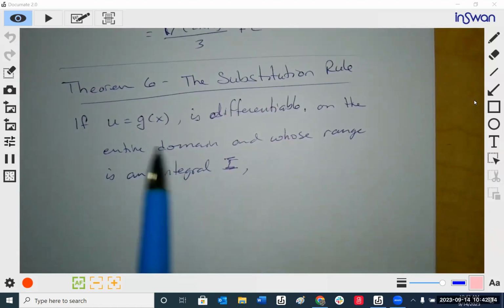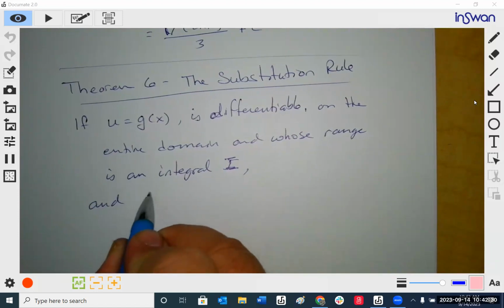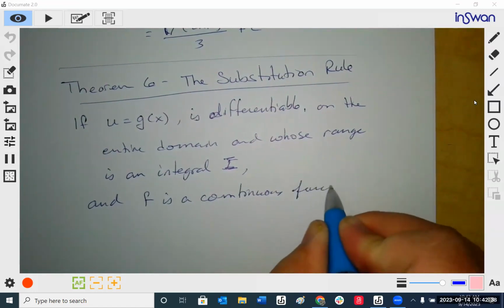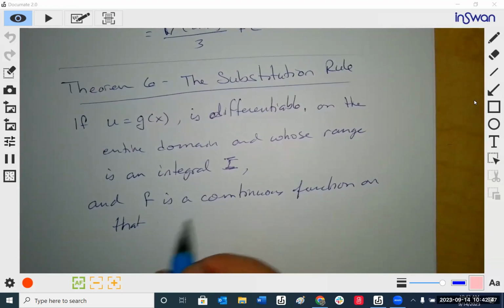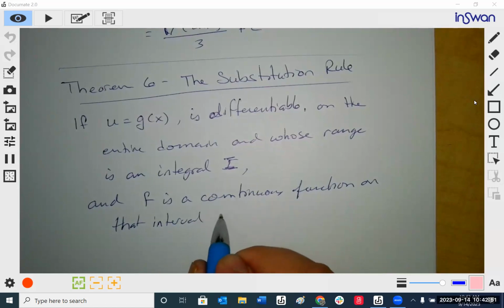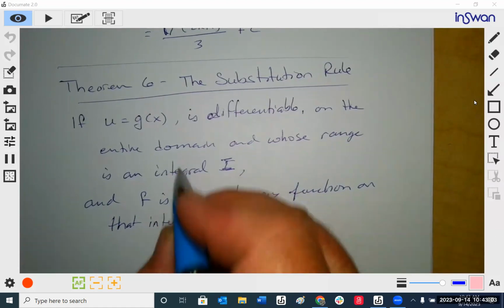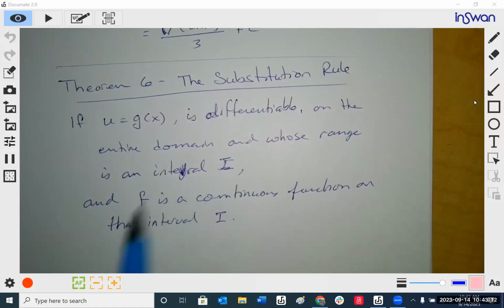So let's see what this is saying so far. If u equals g of x, if that's differentiable on the entire domain, and whose range is an interval I, and f is a continuous function on that interval I. Yeah, because it has to be the same.